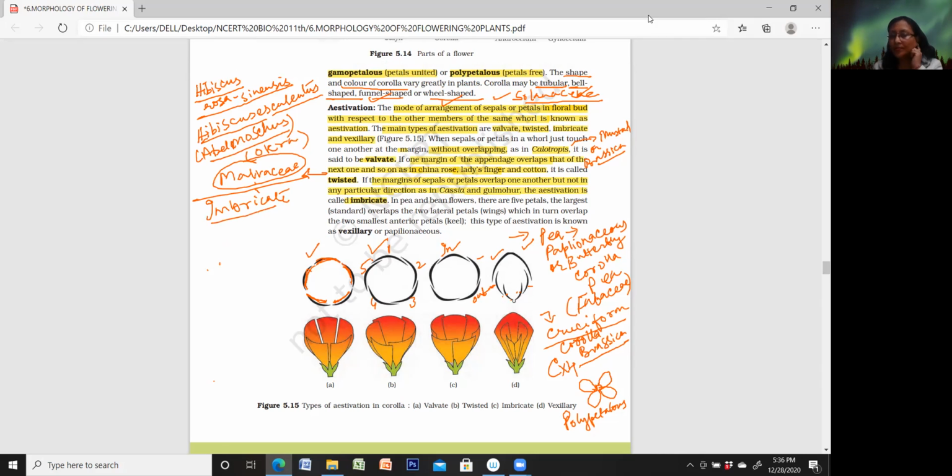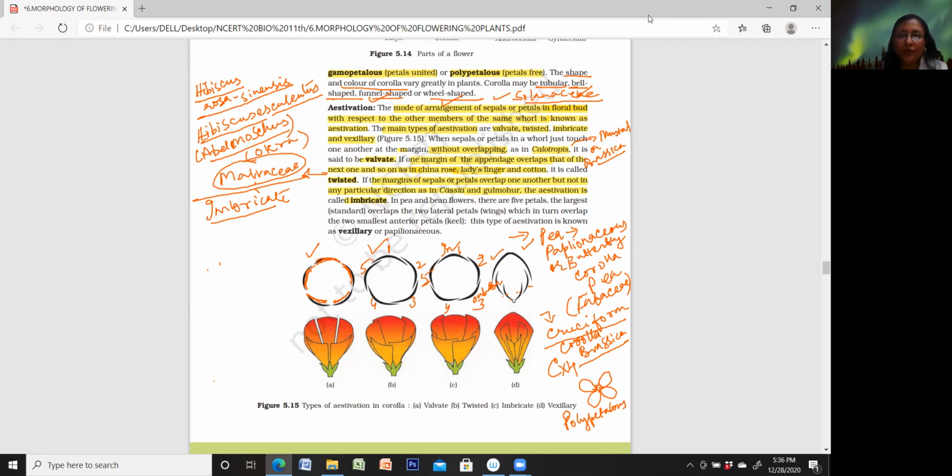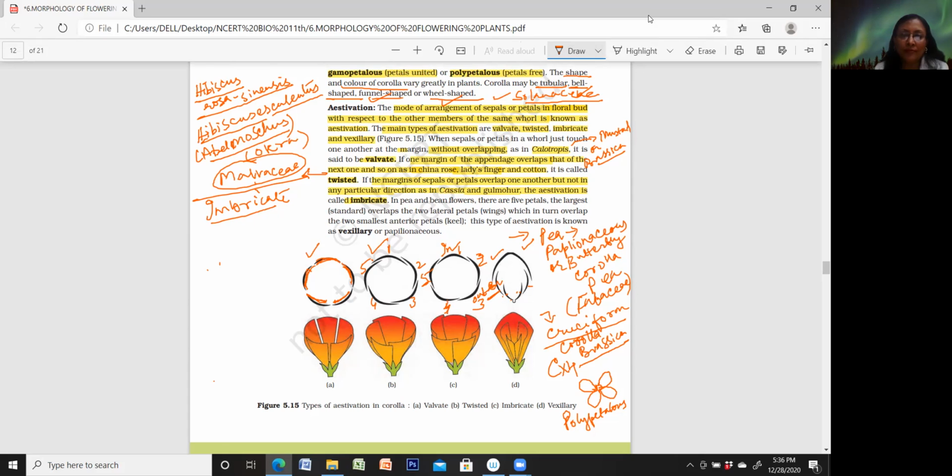If I number them, one is completely in, 2, 3, 4, 5, where 3 is outermost, whereas 2, 4, and 5 are partly overlapping.